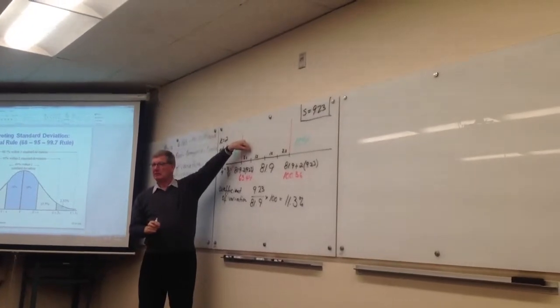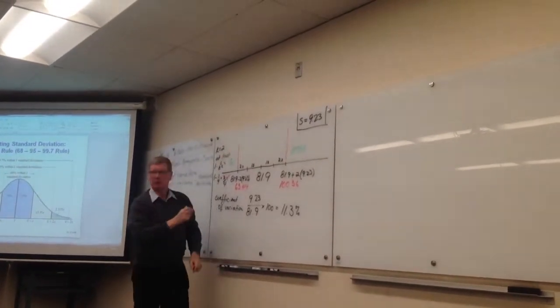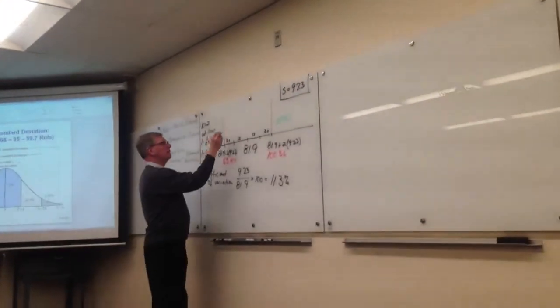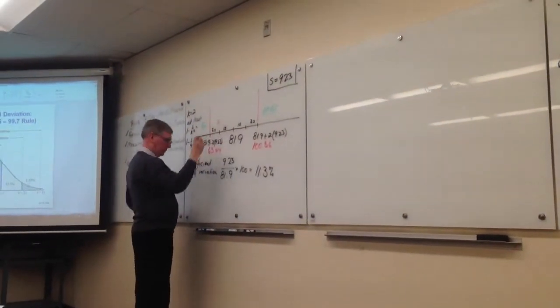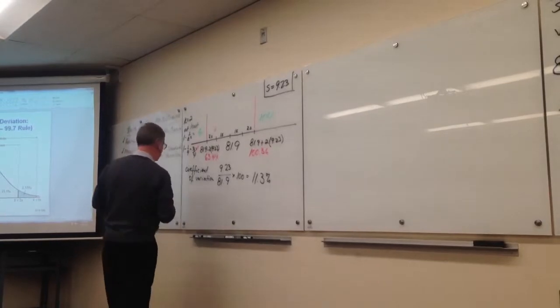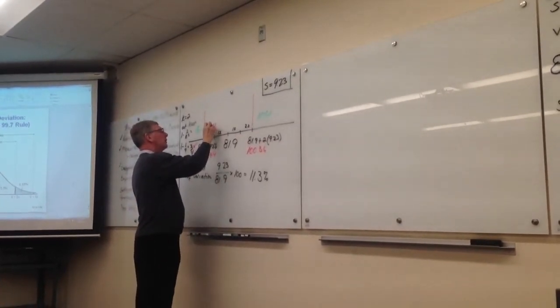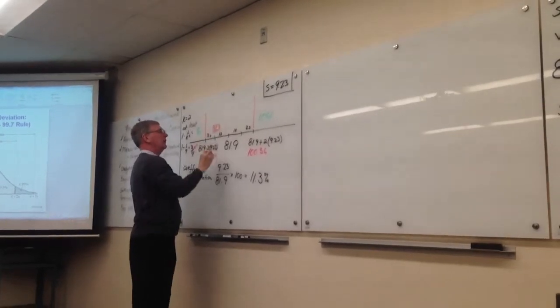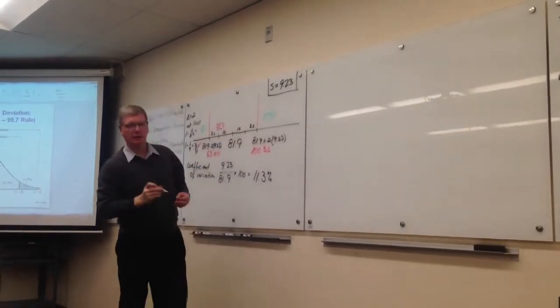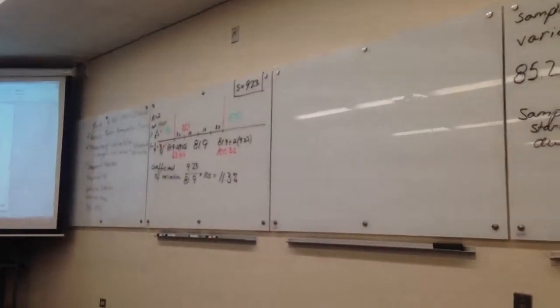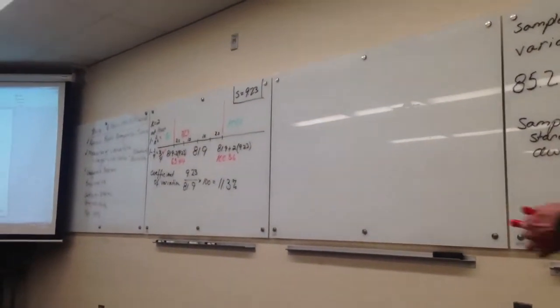Everybody see what I asked? 72.67. What is it, Mark? 72.7. And what is it if I go 1 to the right? 91 point what, Kylie? 91.1, we'll say.